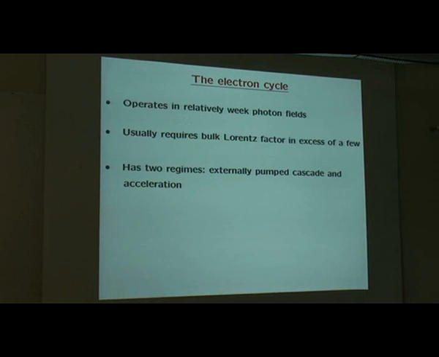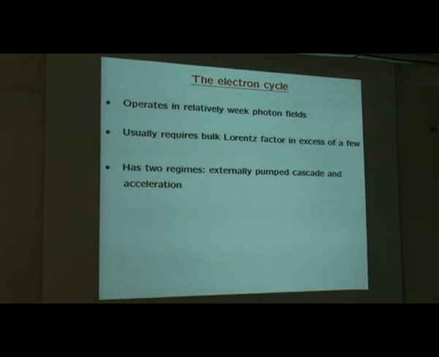For this cycle to operate, you don't need very large photon densities because the cross-section for pair production is sufficiently large. It's about the Thomson cross-section. But you do need a relatively large Lorentz factor because each particle in this cycle loses almost all its energy, or decreases its energy 3 times, so you need a Lorentz factor of at least a few to counteract this energy loss for each individual particle.